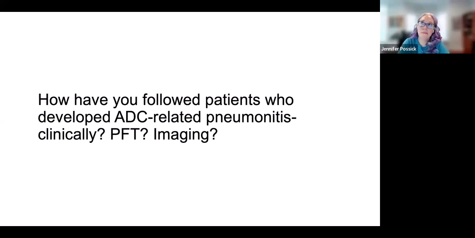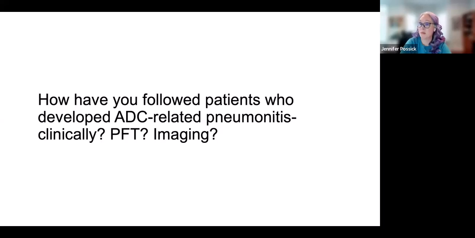Let's maybe talk about the patient who has grade 2 pneumonitis. They've developed radiographic findings in association with symptoms, but they are not so sick that they've been hospitalized or developed an oxygen requirement. My personal practice is that I'm following them clinically relatively closely while I'm treating them with steroids.